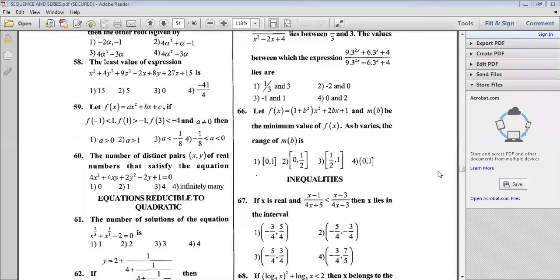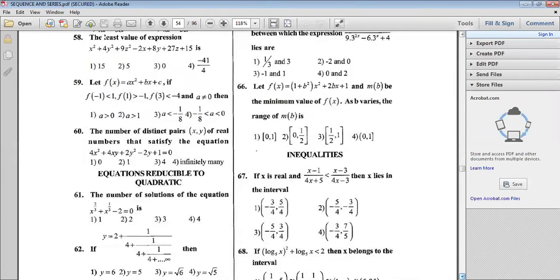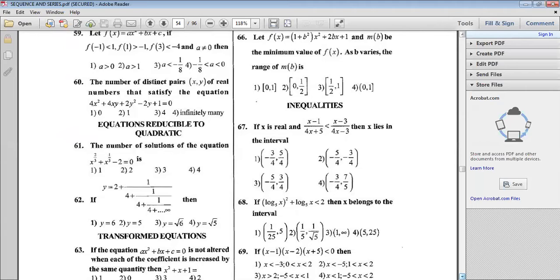Observe the 60th problem. The number of distinct ordered pairs (x, y) of real numbers that satisfy the equation 4x² + 4xy + 2y² − 2y + 1 = 0.